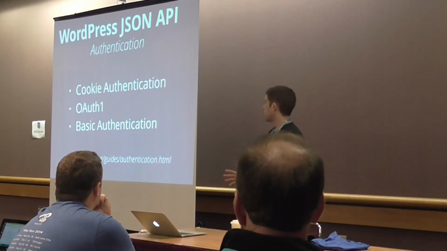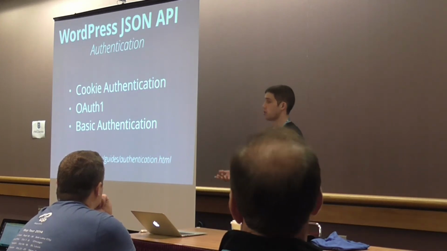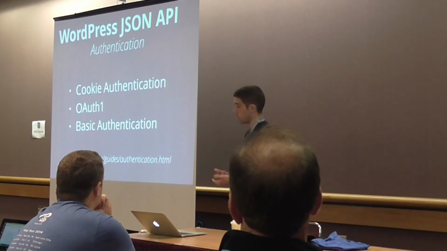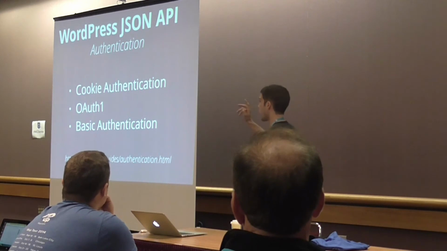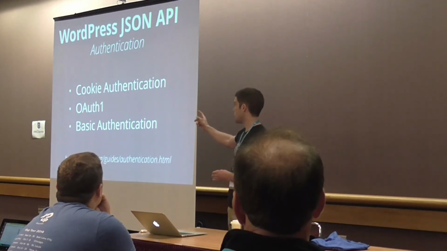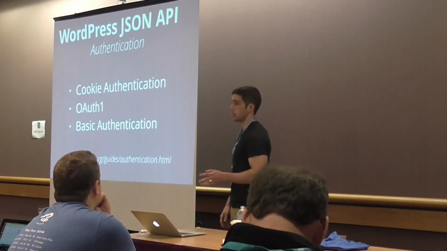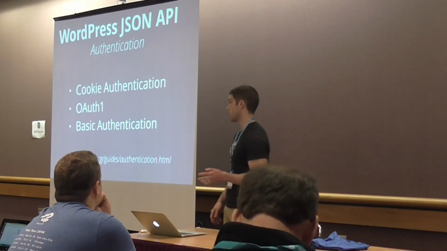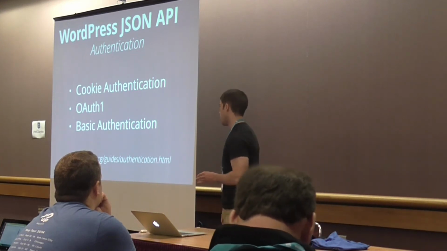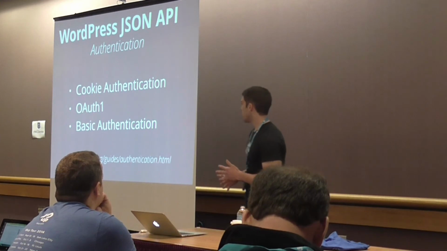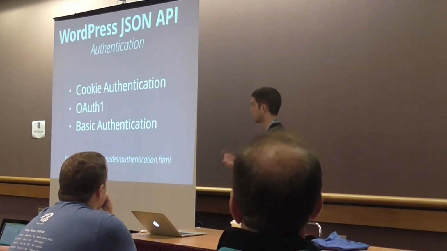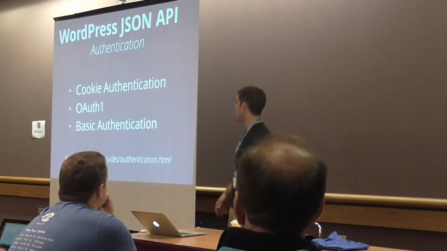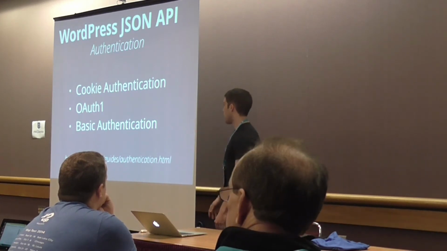If you're building something that's not on the same domain, maybe it's on a separate domain, or it's a mobile application, you have other options here, OAuth and basic authentication. They recommend using OAuth because with basic authentication, you're essentially sending credentials over the network every single request that you're making, which is not necessarily a problem if your site has SSL enabled, but most sites probably don't, so that's why they recommend using OAuth.